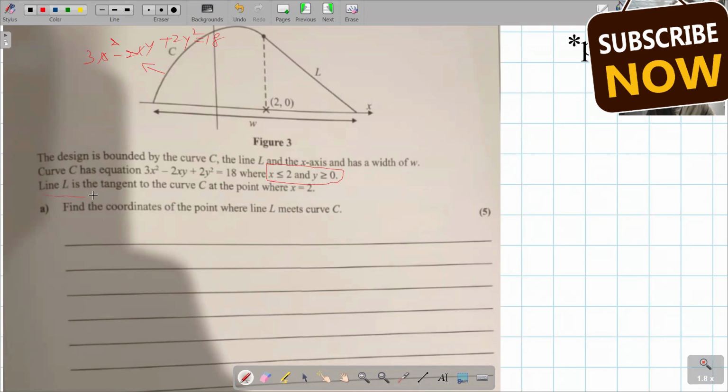It is given that the line L is tangent to the curve C at the point where x equals 2.